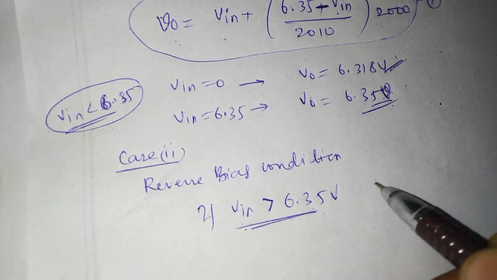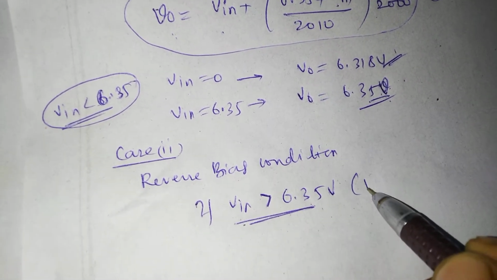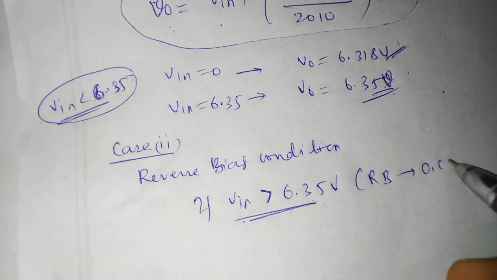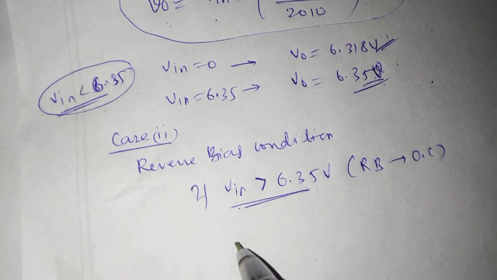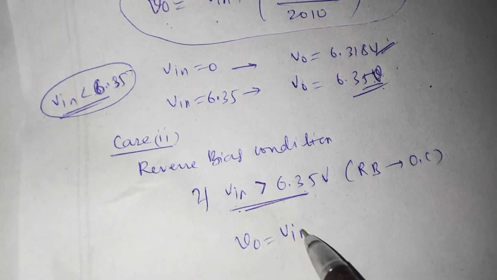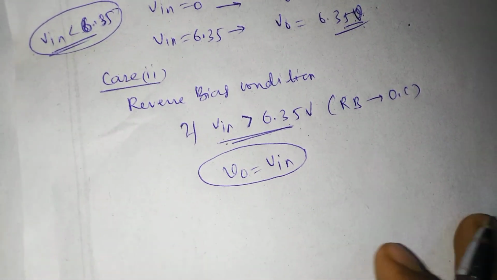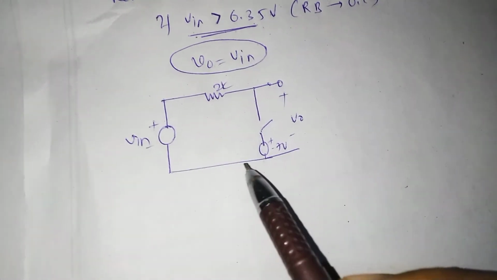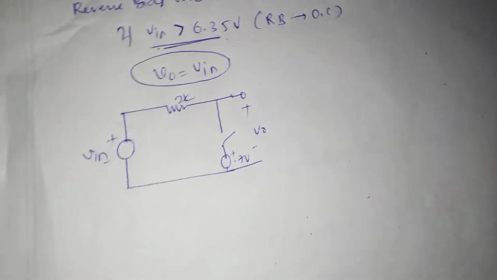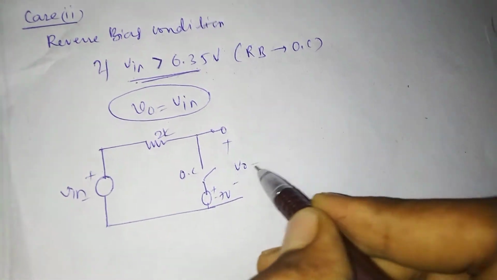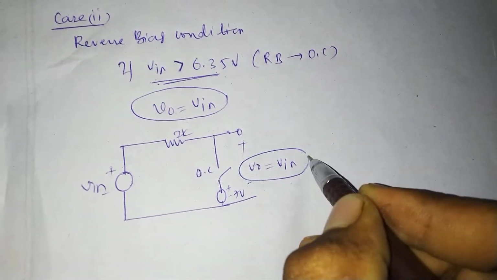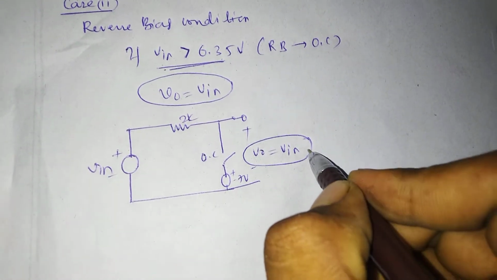Only then does the diode act as reverse biased and open circuit. After the open circuit, V output simply equals V input. So we redraw the circuit, and after redrawing we get simply an open circuit, V output equals V in.